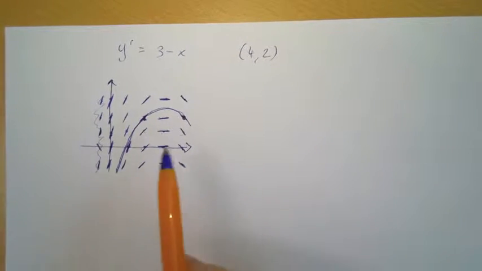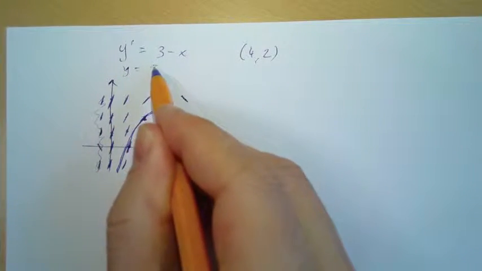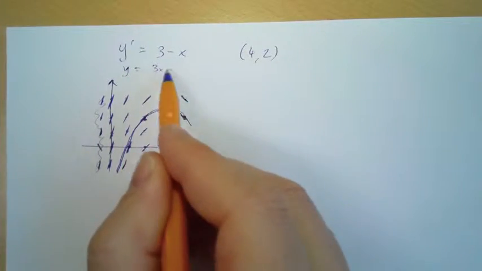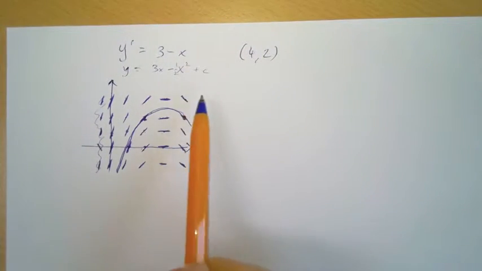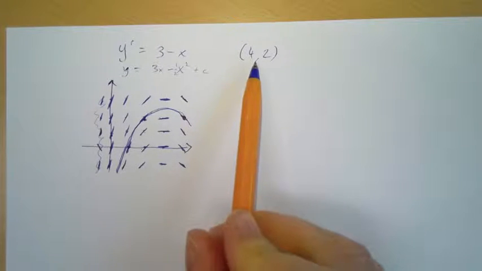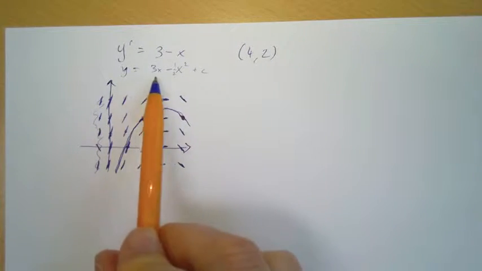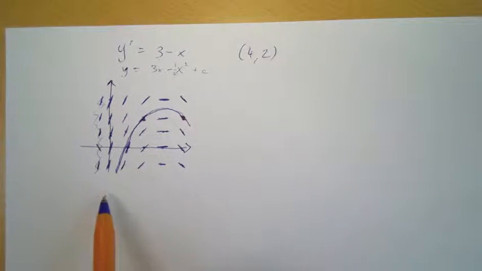Okay, by the way, this is the derivative of a function, so we could integrate and find that it's 3x minus 1/2 x squared plus c, and we could find the value of c by substituting 4 and 2. But my point is, this is clearly a parabola, which explains the shape here.